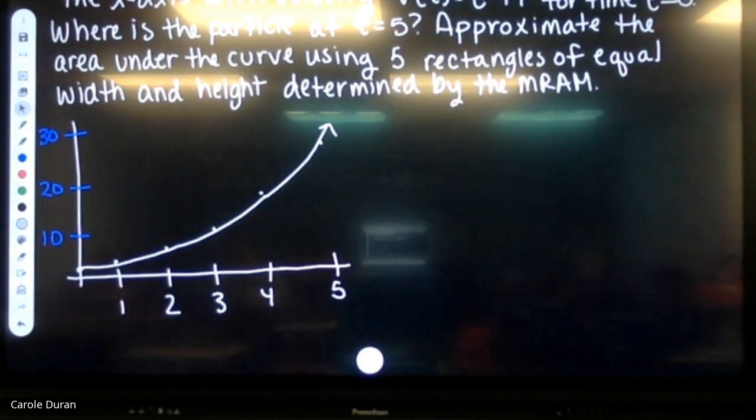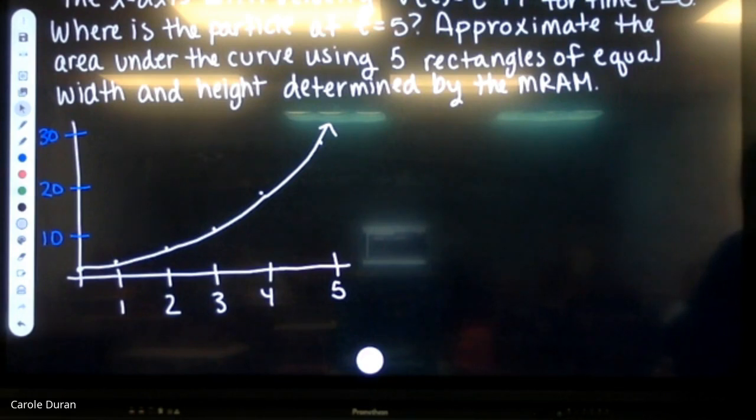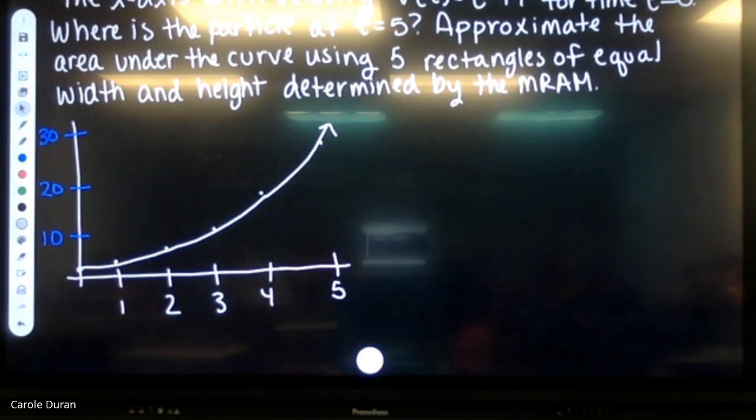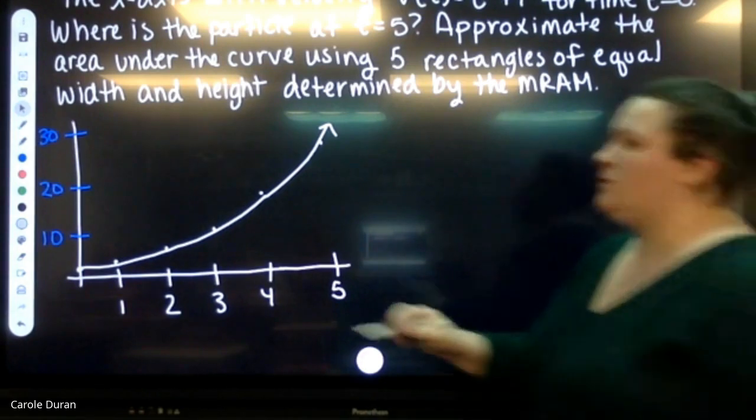So once I have a picture of what this looks like, I need to identify which point I'm using on these intervals to identify the height, and then I need to know how wide my intervals are. So I'm going to start with the width of my intervals.